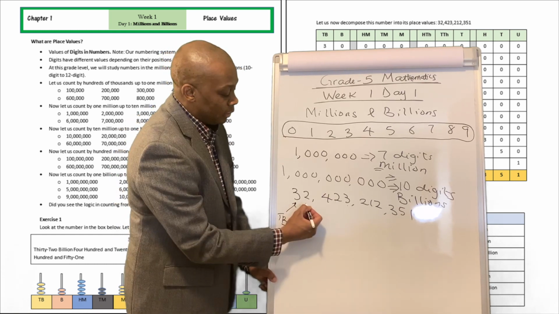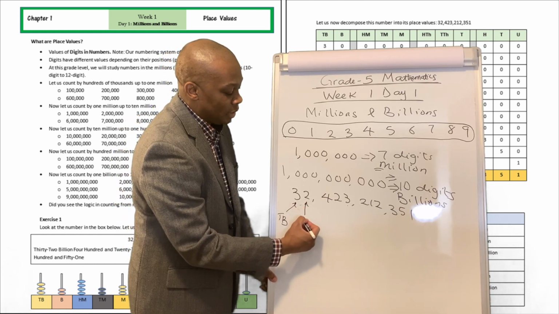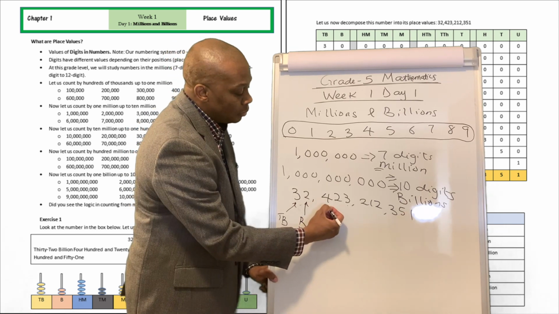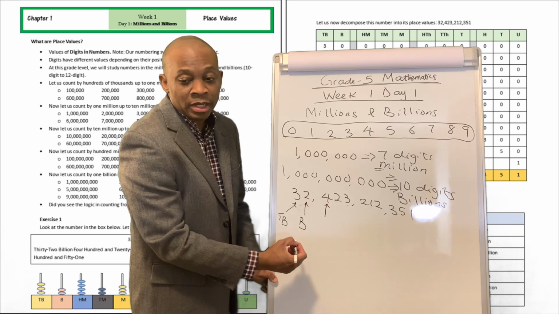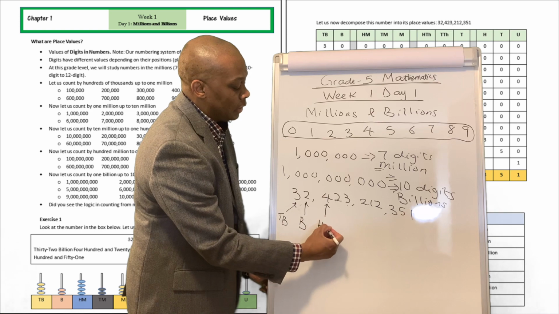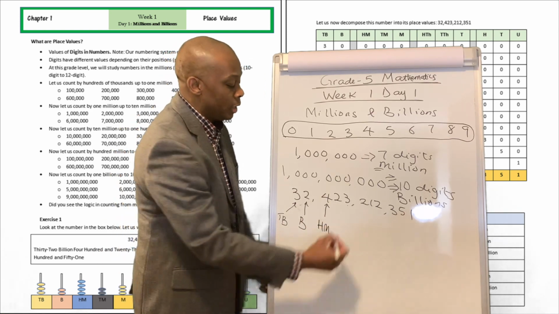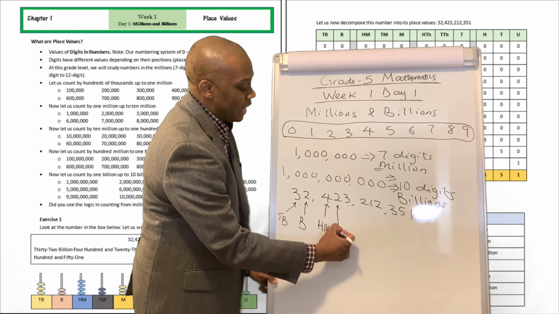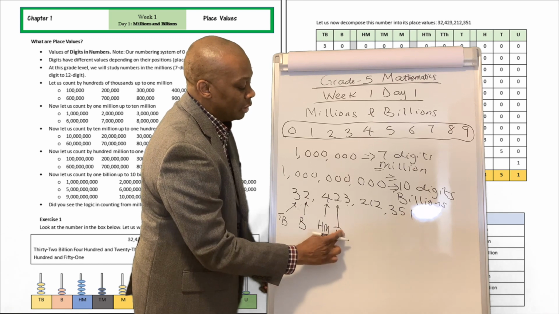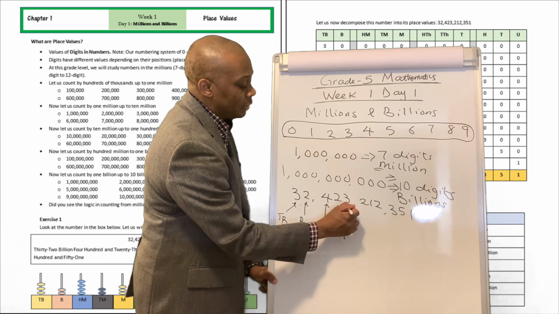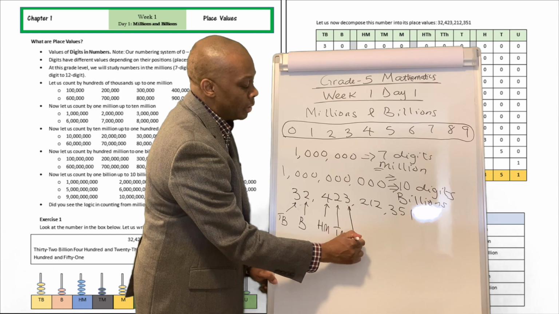All right, this digit is going to be in the billions category. This digit is going to be in the hundreds of millions category. This is going to be in the tens of millions category. So that's TM, and this is going to be in the millions category.